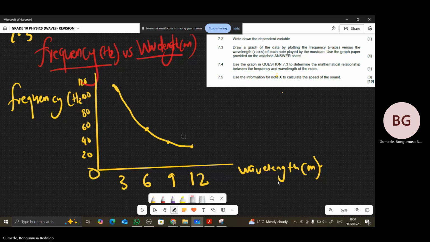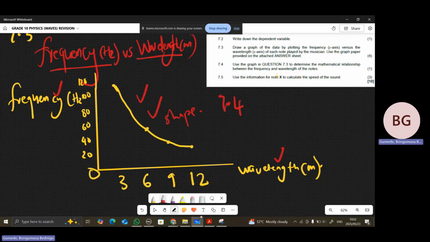Make sure you use a suitable scale though. So I'm sure your marks will come because of 1 mark for your frequency label, 1 mark for the x-axis, 1 mark for plotting correct points, and then 1 mark for the shape of the graph. Okay? 7.4.